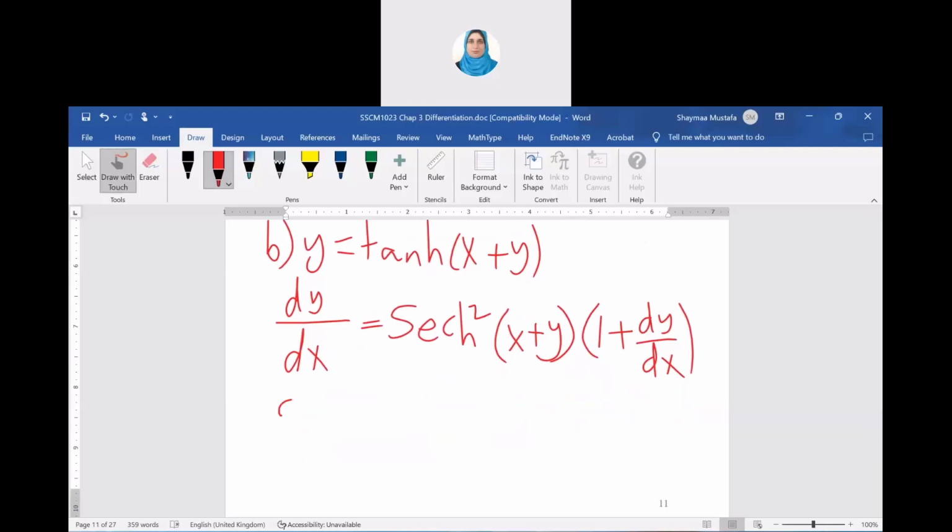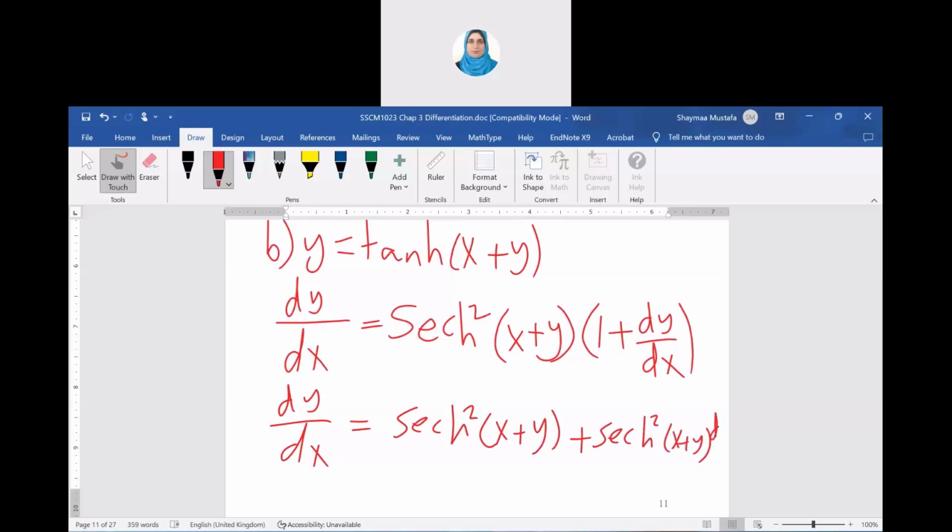So you have here dy over dx equal to sec square x plus y plus sec square x plus y multiplied by dy over dx.